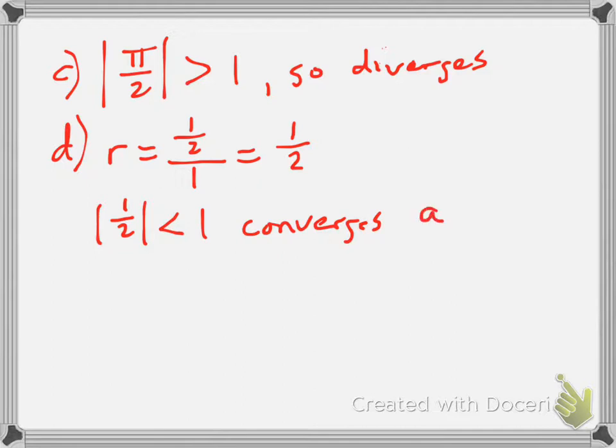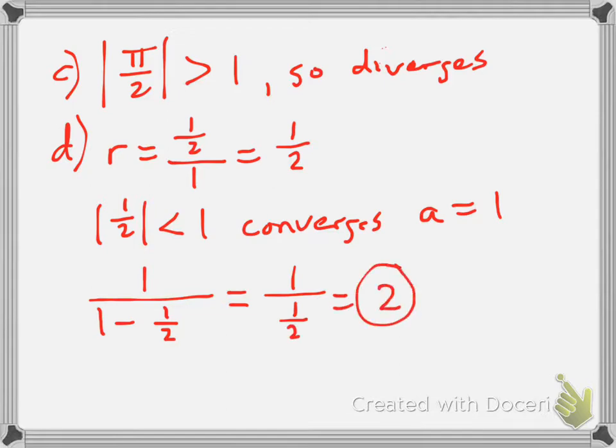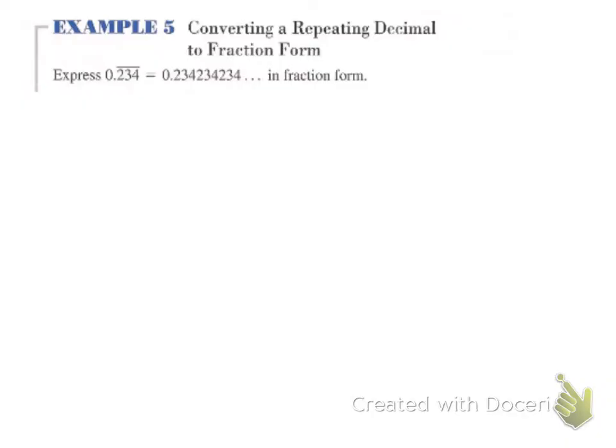A is 1 because they already gave us the sequence, so there's nothing to plug in. My sum is 1 over 1 minus the common ratio, 1/2. So that's 1 divided by 1/2, which is 2. So that's how you do the geometric ones.